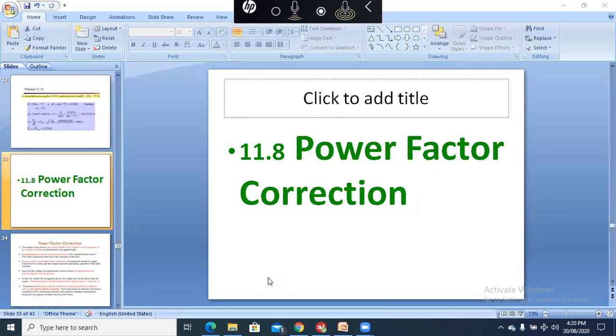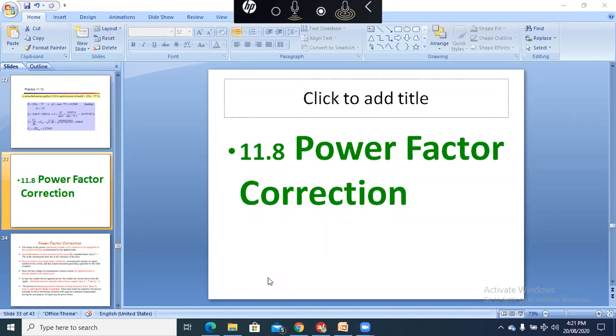So it means that the power factor is between 0 and 1, and if it decreases from 1 to some lower value, the amount of current drawn will be higher. So the nature of your load is inductive.